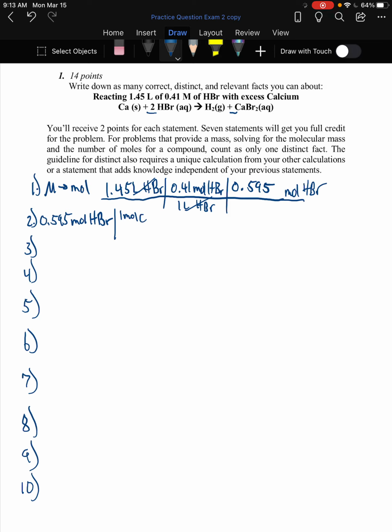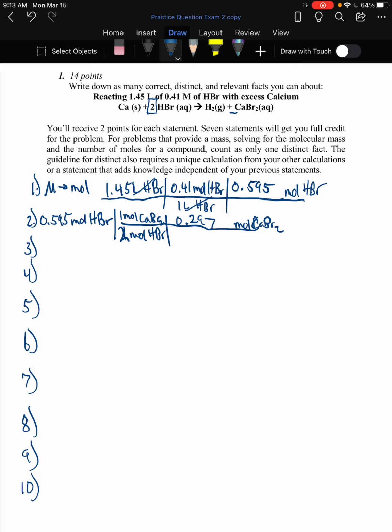That's the stoichiometric factor. So 1 mole, I need 2 moles of HBr for this. Again, this came from the stoichiometric coefficient. And then if I plug this into my calculator, I see that the theoretical yield for my moles of calcium bromide is around 0.297 moles. So that, again, is another distinct and relevant fact about this statement.